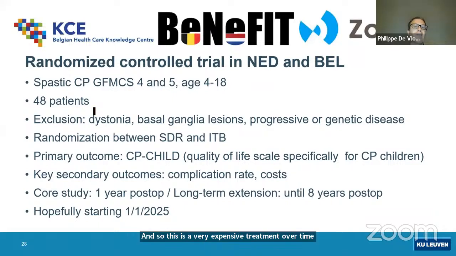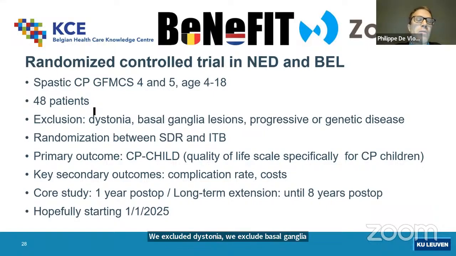So that's the reason why we decided to set up a study in collaboration with the Dutch groups, the groups of Amsterdam and Maastricht, and a few groups in Belgium. So we collaborate on a study where we want to include 48 patients with spastic CP, grade 4 and 5. We exclude dystonia, we exclude basal ganglia lesions, and we exclude progressive or genetic diseases.